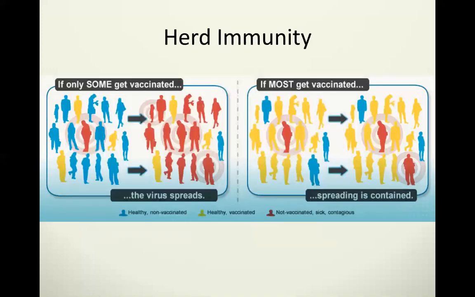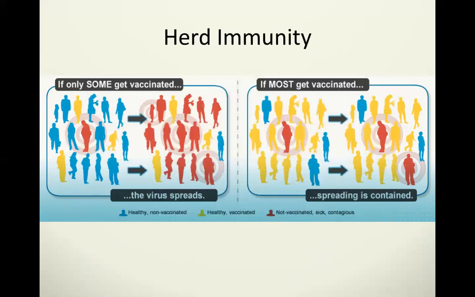I talk about herd immunity a lot. You've been hearing this. Herd immunity is if some get vaccinated, the virus spreads. If most get vaccinated, the spread is contained. So look, the red person in the middle has the disease. The blue person could be infected, and they could easily get it.